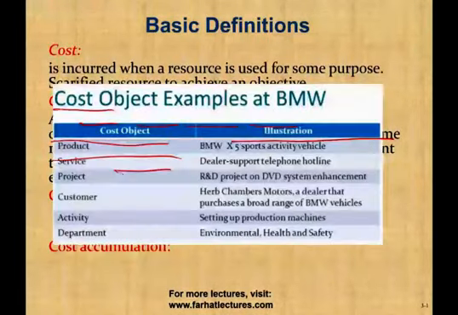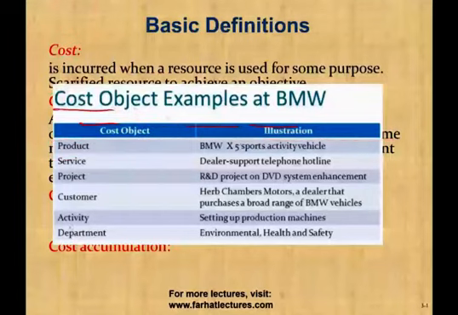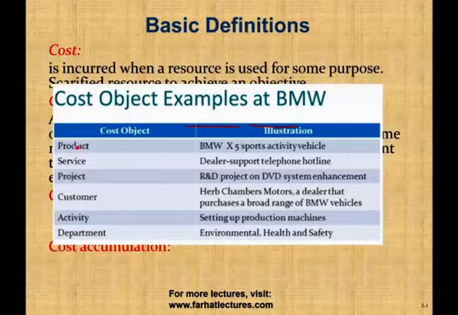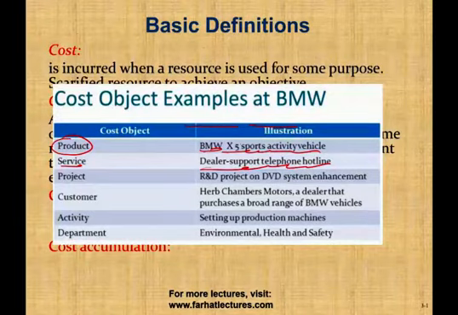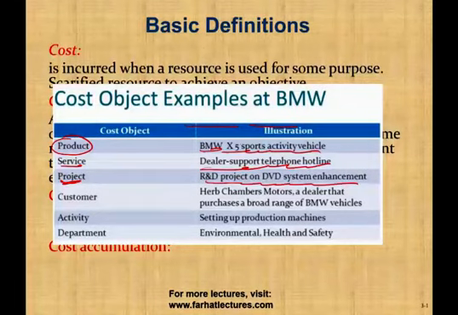Okay. If we want to look at a more specific example, at BMW, the cost object could be the product itself, which is the BMW X5 sports activity vehicle. So you're collecting information about that. Or the cost object could be the service, the dealer support telephone line. That's what you need to collect cost about. It could be a specific project within BMW, like an R&D project on DVD system enhancement.